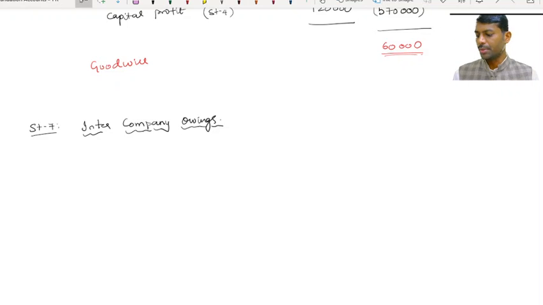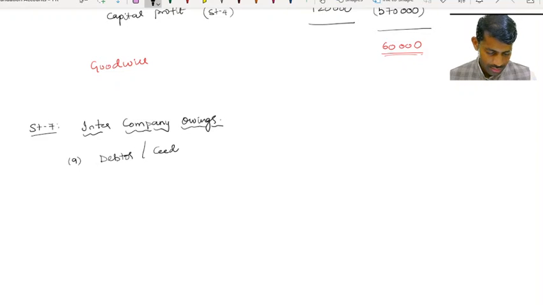What relationship did we have? Debtors of S Limited include 25,000 due from H Limited. So only debtor and creditor, no URP, nothing.